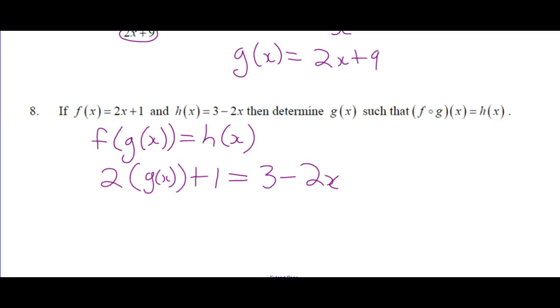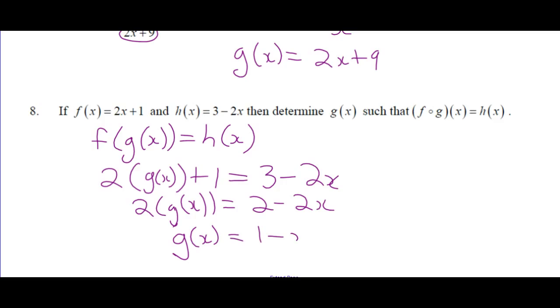Okay, now what we're going to do is solve this equation for g of x. So we're going to subtract 1 from both sides. So say 2 times g of x is equal to 2 minus 2x. So g of x is 1 minus x.